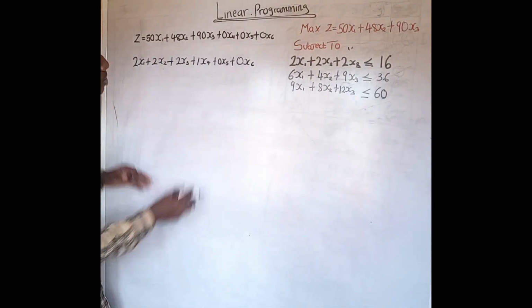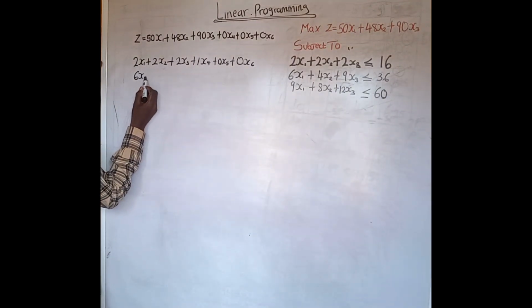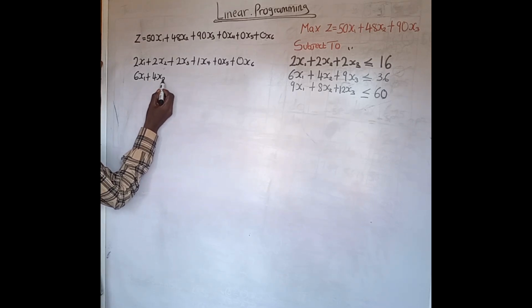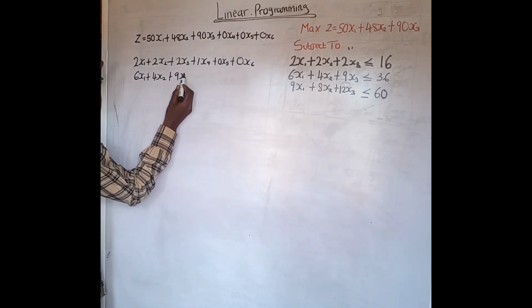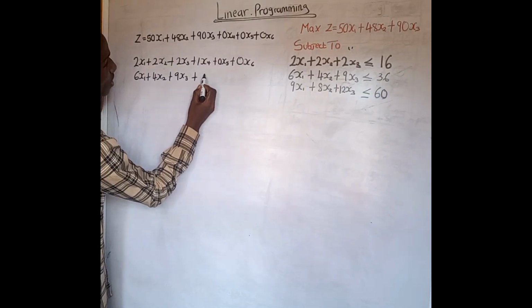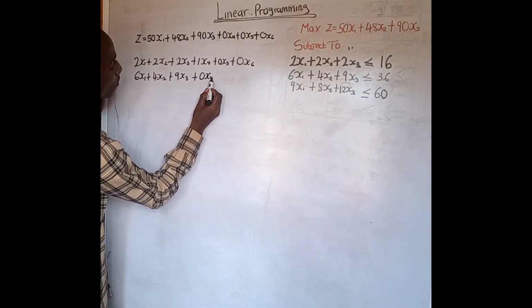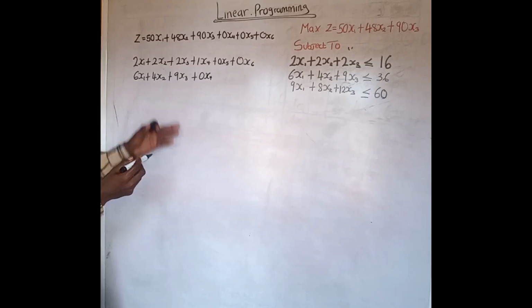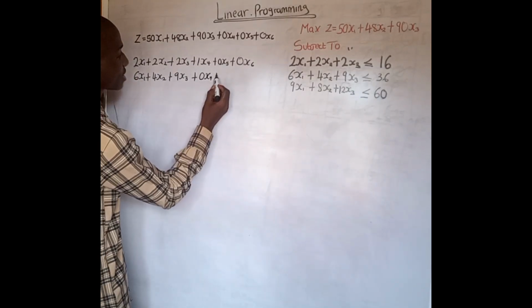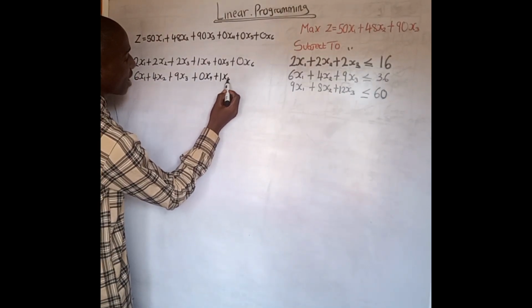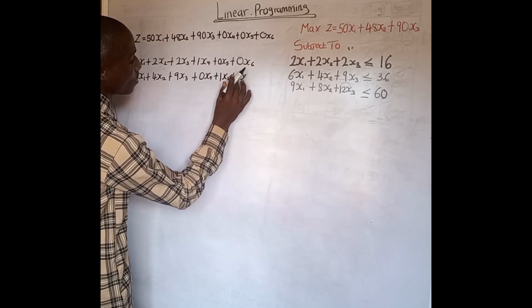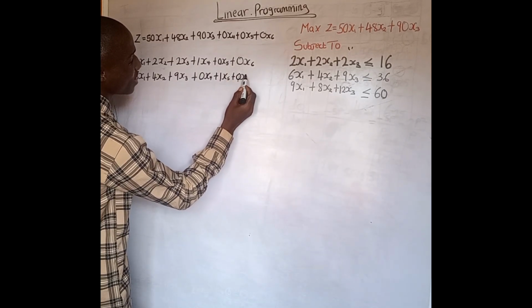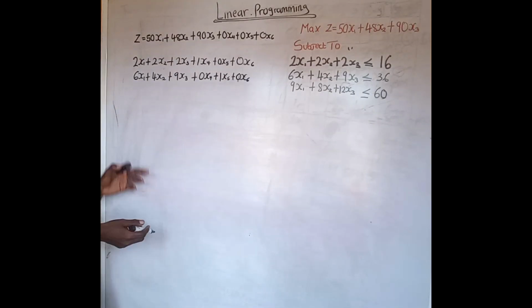For the second constraint, I'm going to have 6x1 plus 4x2 plus 9x3 plus 0x4, because slack variable x5 belongs to this constraint. So I'm going to be having 1 as its coefficient here, 1x5 plus 0x6.